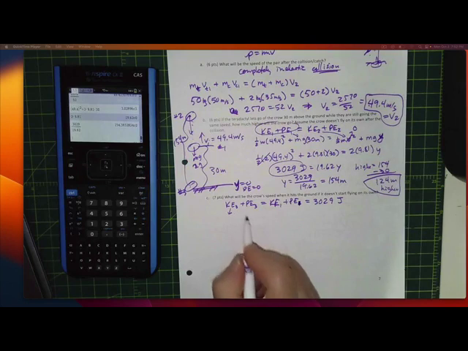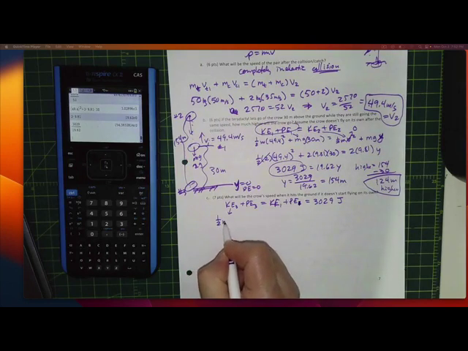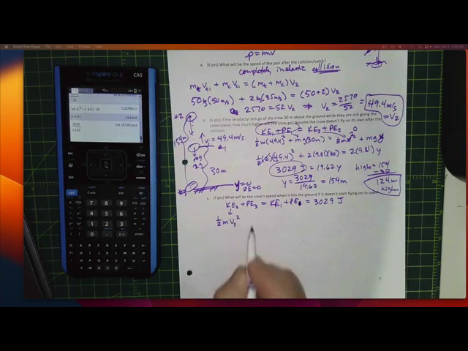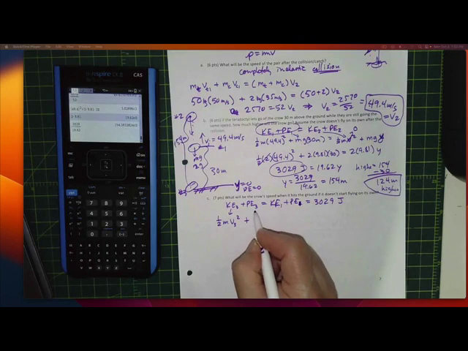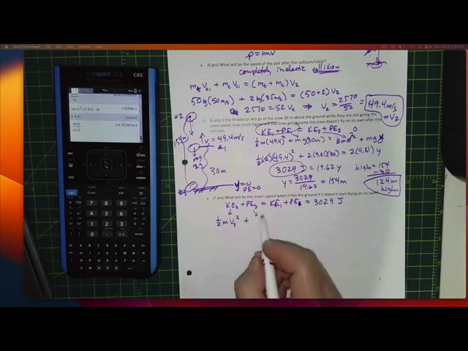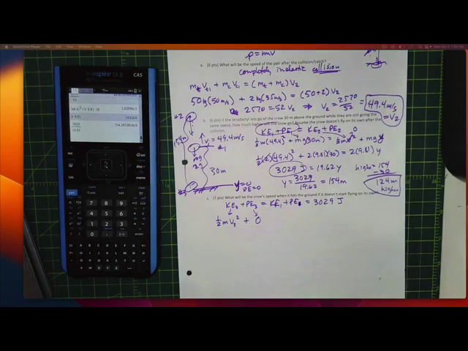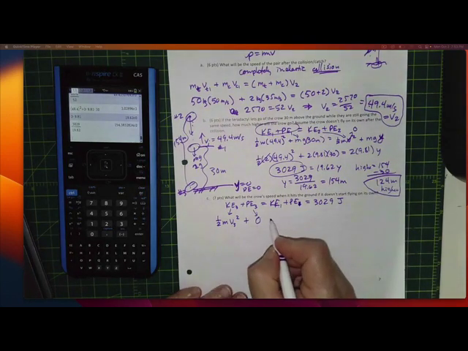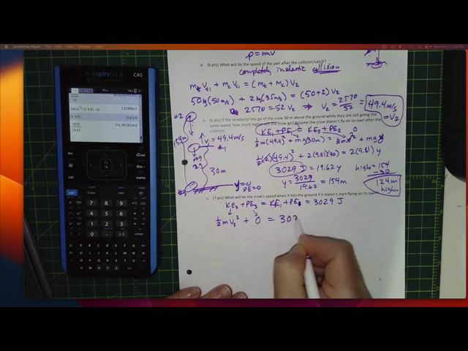Well, KE3, again, kinetic energy, 1/2 mv squared. We're asked for the crow's speed, so we're asked for V3. We know m. Potential energy 3, when it's at the ground, that's where we said potential energy was 0. It's mgy, but y is 0. So potential energy is 0, 3029.